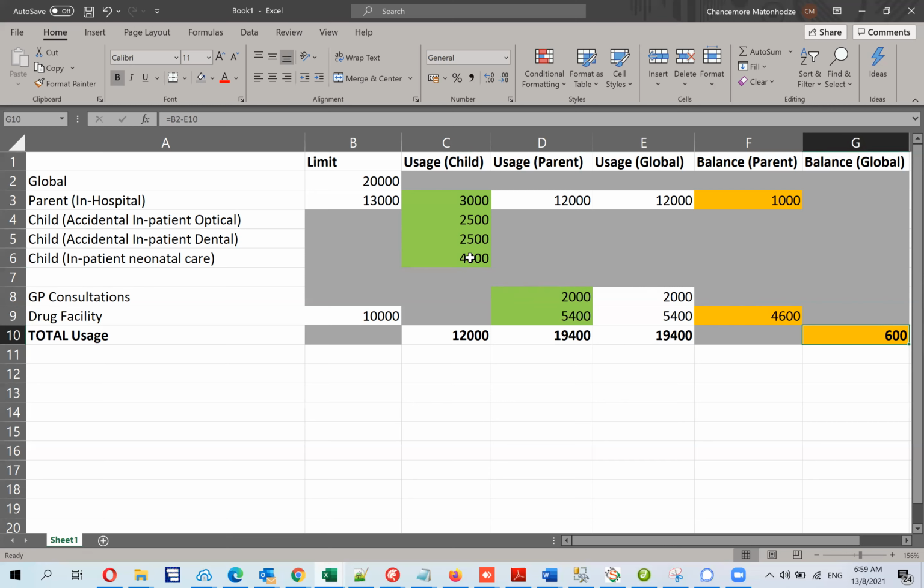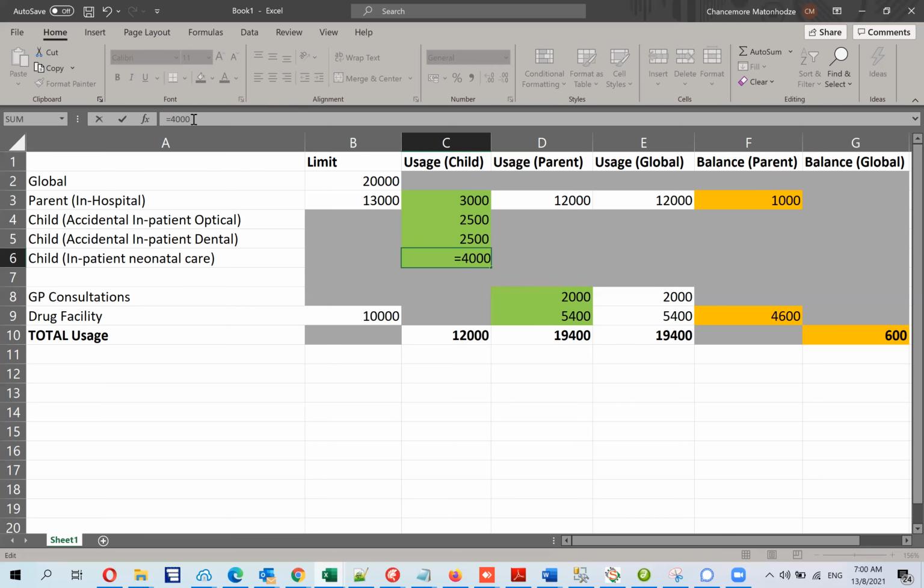So what will actually be claimed will be only $600, because that's what's available. And the shortfall for this client will be $400. So let us claim 600, which is equal to 4,000 plus $600. Why? Because this 600 is all that's available in the global limit.